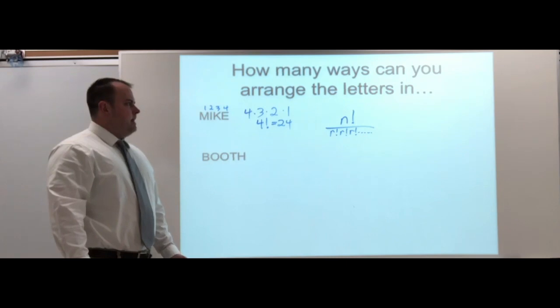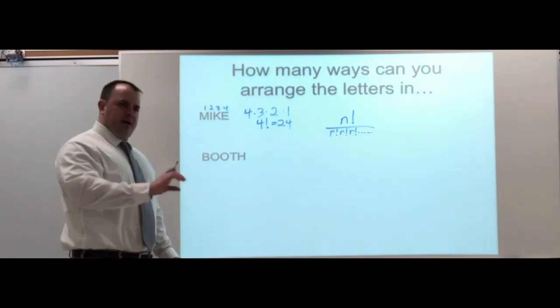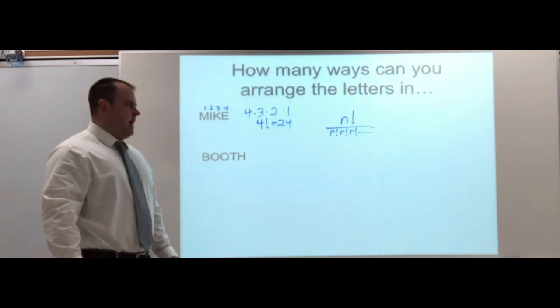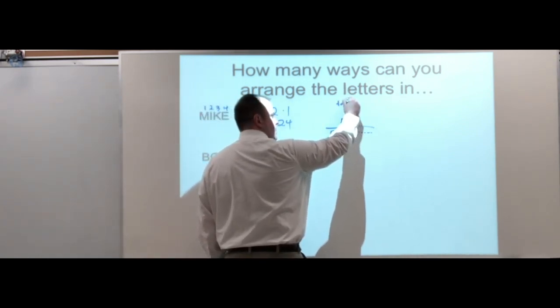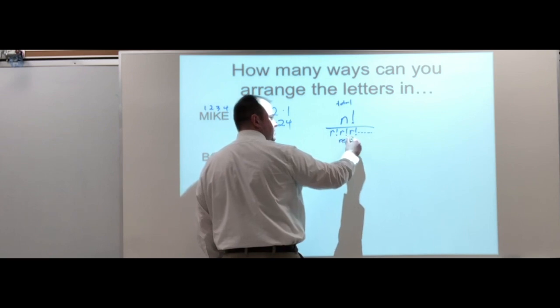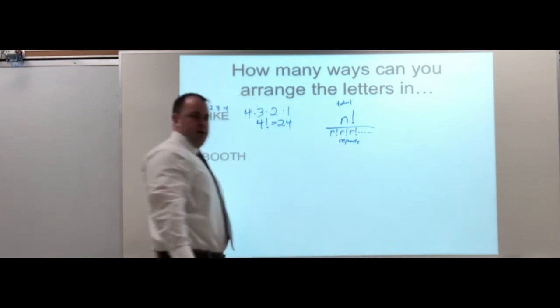Okay? So depending on how many letters repeat will depend on how many r's you have in your denominator there. The n is your total. So we have total up here and the repeats down in the bottom.